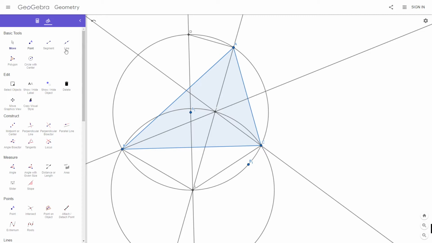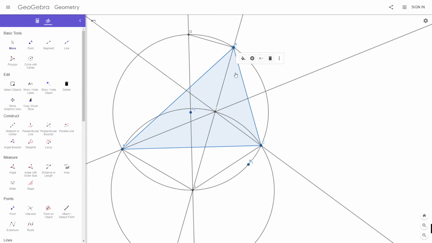So where shall we start? We want to find what SIC is equal to. So notice that SIC is equal to IAC plus ICA.